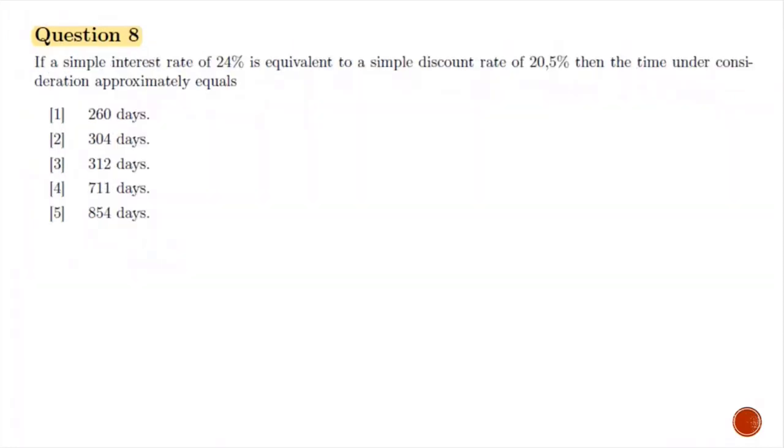Okay. A simple interest, I don't think this one would give you a problem. Remember, we are using a formula. R is equal to D into 1 minus, what is that formula? 1 minus dt, that's the formula you're going to be using here.